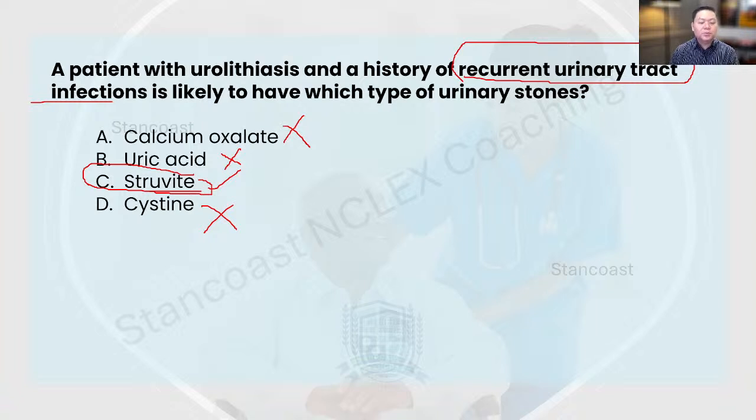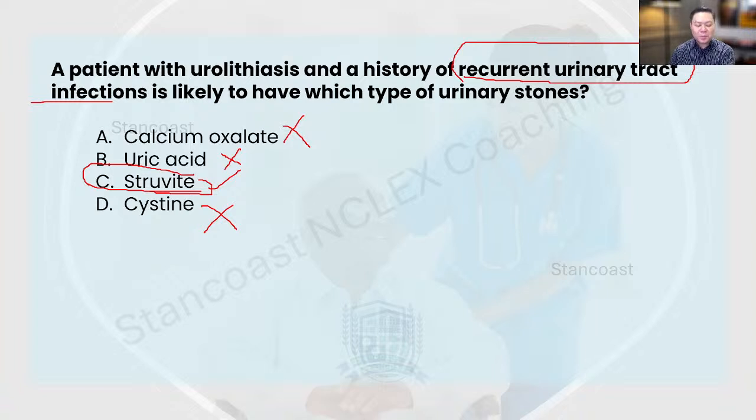Now, another clue here is to use your knowledge. If you have really done your diligent study, reviewing this content that I shared with you, going back into your textbook, into your notes, you really have to operate your knowledge here and use it. You have to remember the typical conditions that are associated with the different types of stones. I've created a table for you so that you can get it.